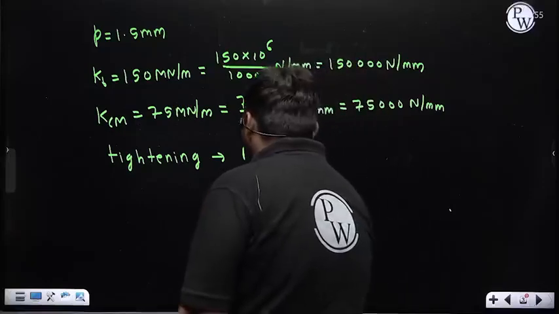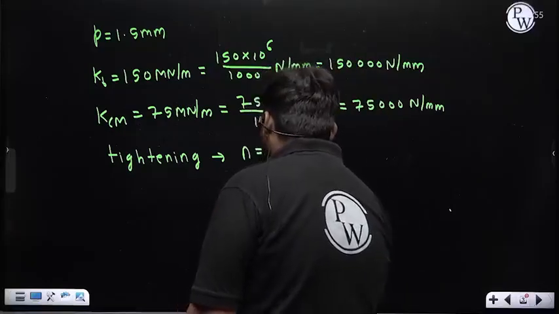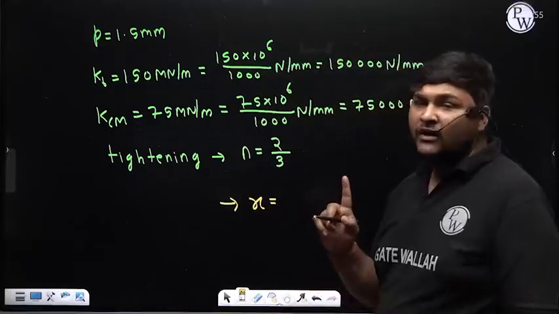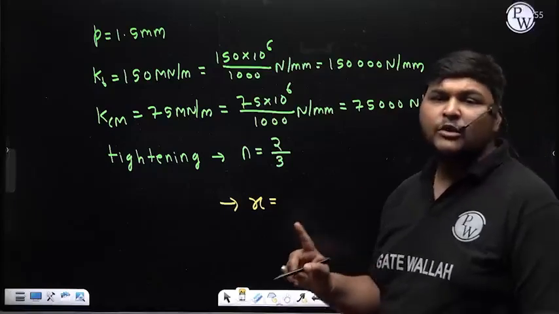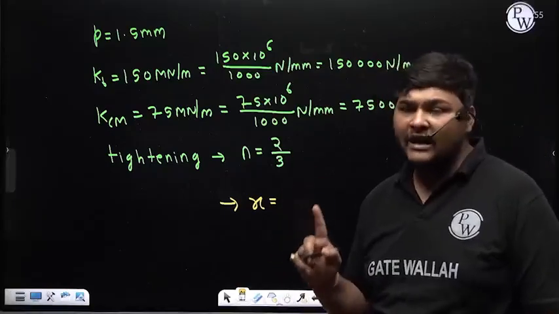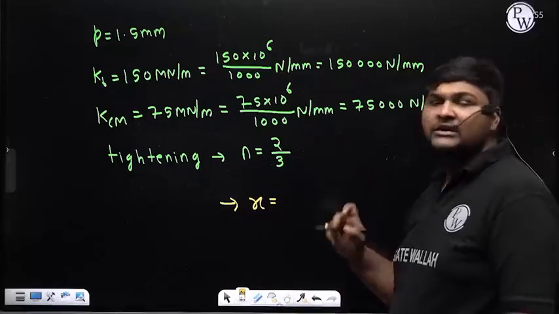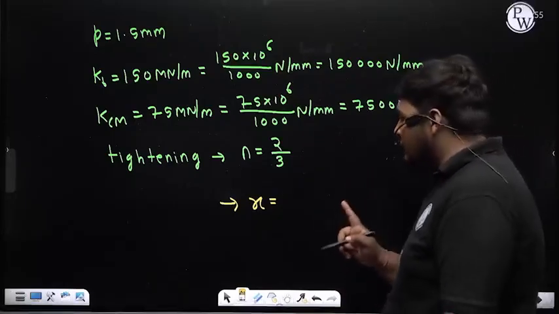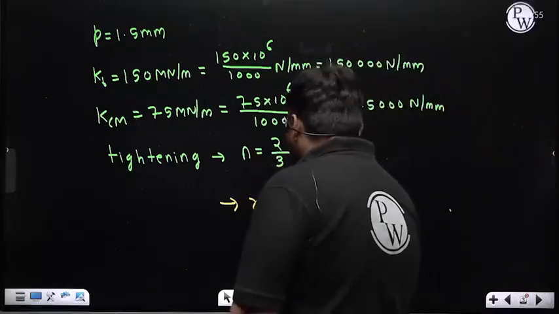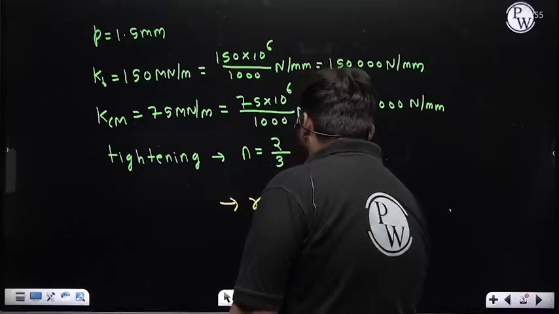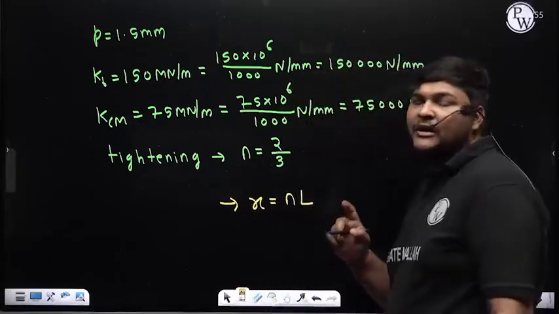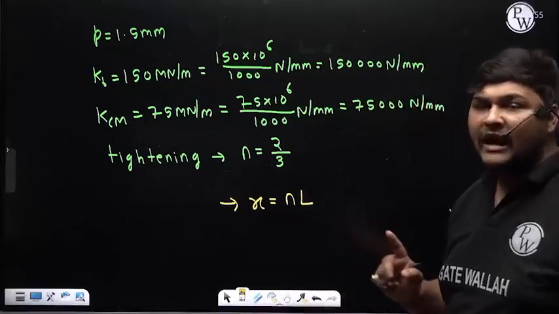Suppose I denote it as x. How can we calculate x? If the nut takes 1 turn, then the axial movement of the nut will be equal to the lead, that is L. Right now the nut is taking n turns, where the value of n is 2/3. So in n turns, the axial movement of the nut will be n into L, where n is the number of turns made by the nut during tightening and L is the lead.